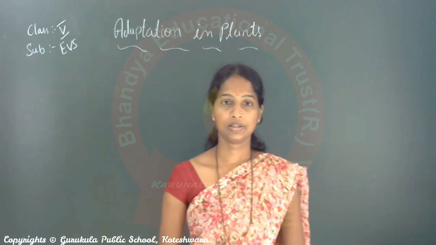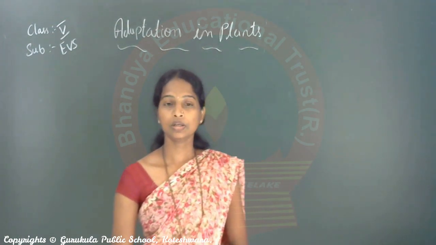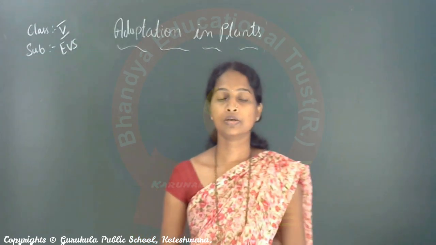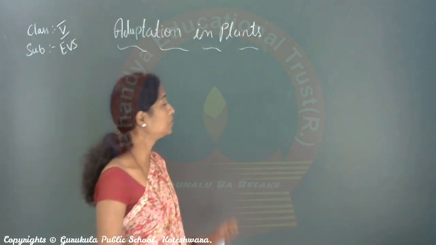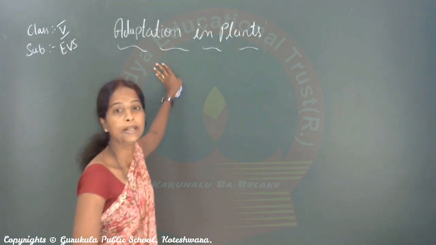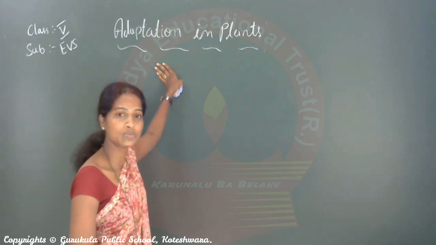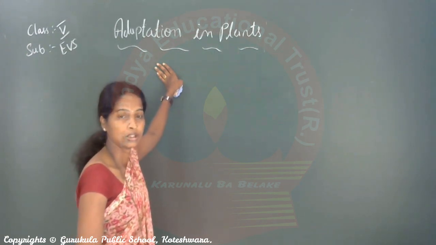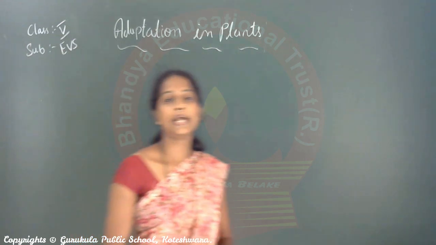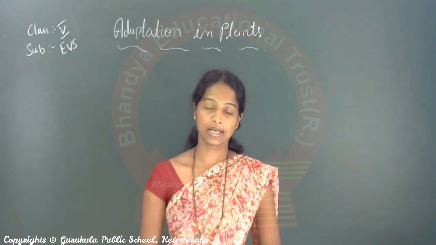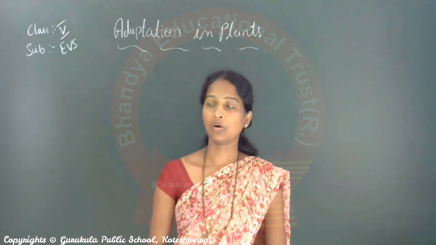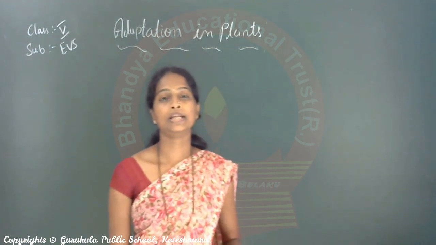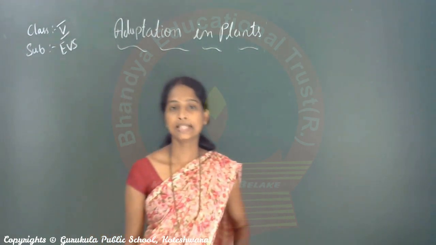Okay. Children, in the previous class, we were discussing adaptation in plants. We have started again. Different plants grow in different areas. You all know that all plants do not grow in the same place.